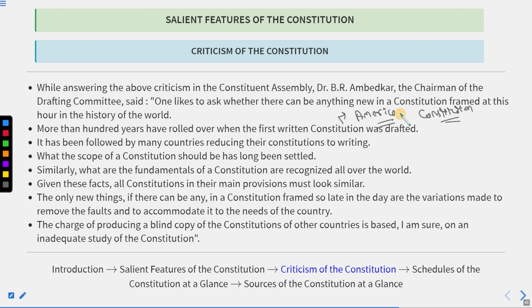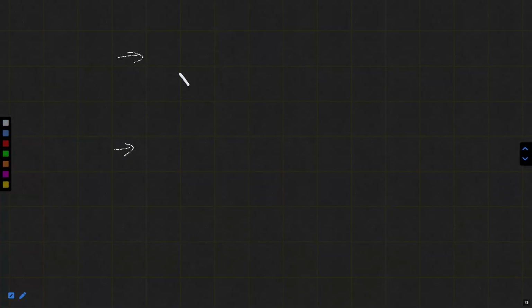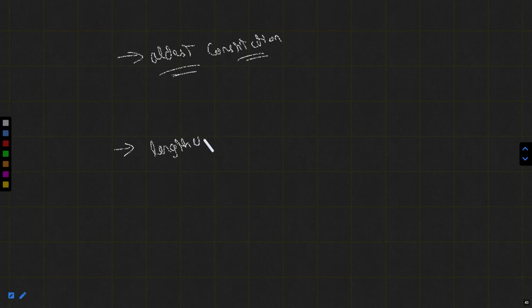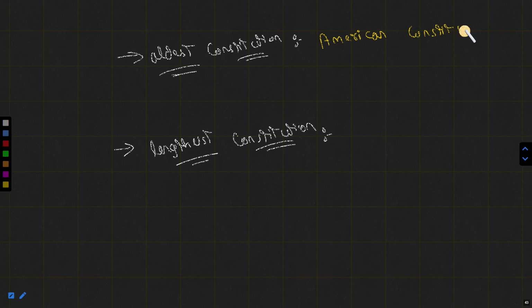Okay, so remember, if we talk about the oldest constitution and the lengthiest constitution, so the oldest constitution is the American Constitution.